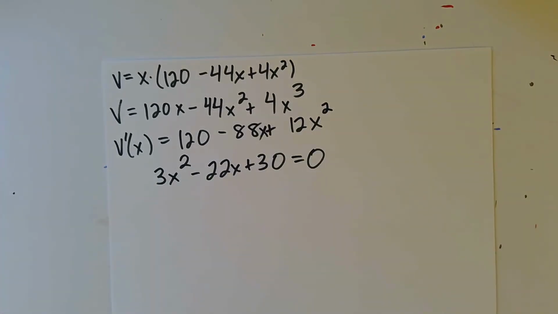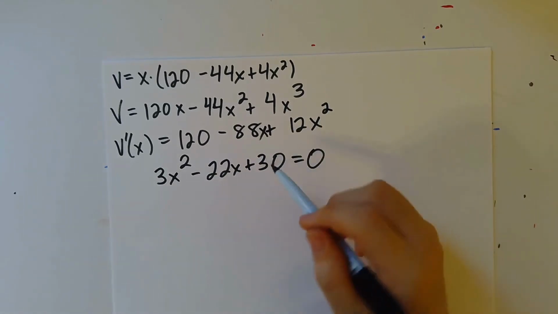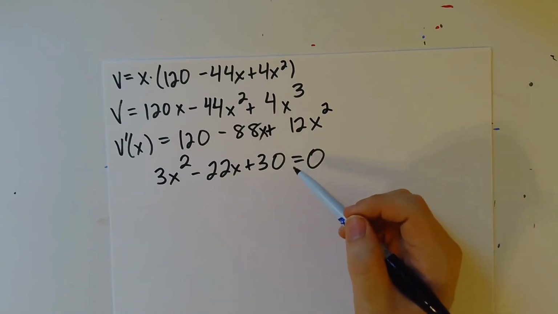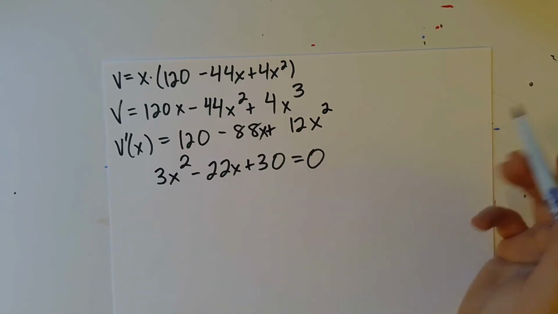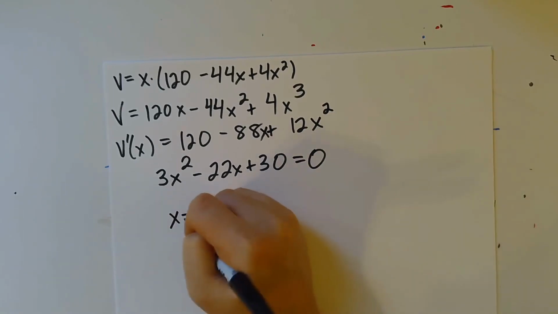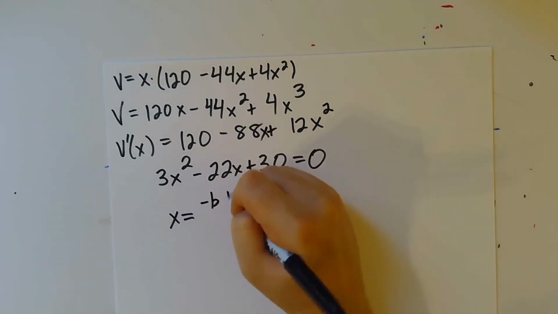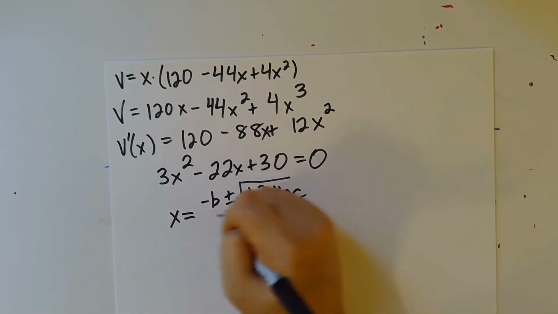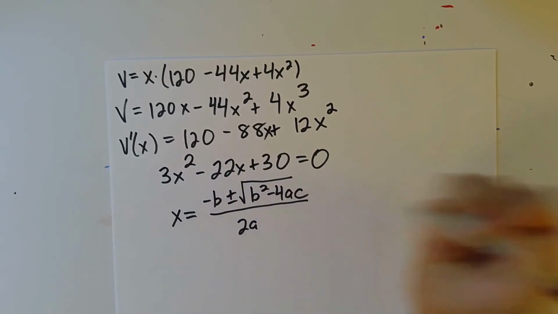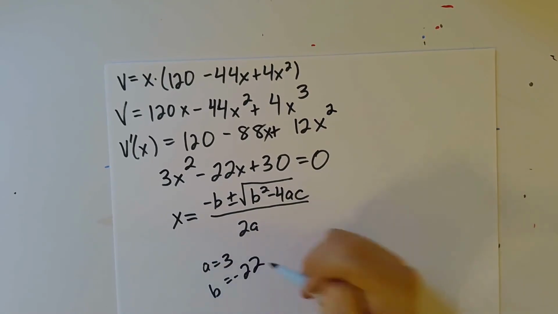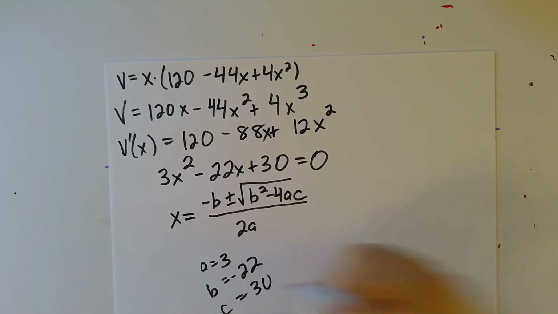And unfortunately, this does not factor. And so, because this doesn't factor, you're going to need to use the quadratic formula. And so the quadratic formula tells you, remember, that the roots are this, where a is 3, b is minus 22, c is 30.